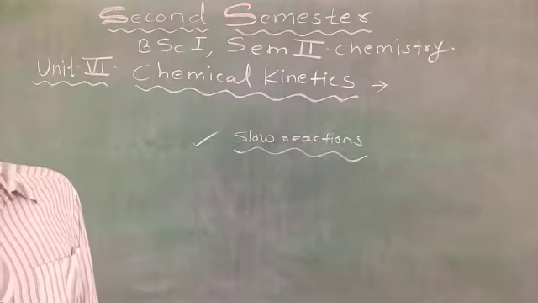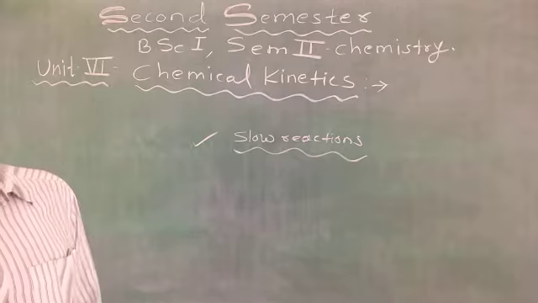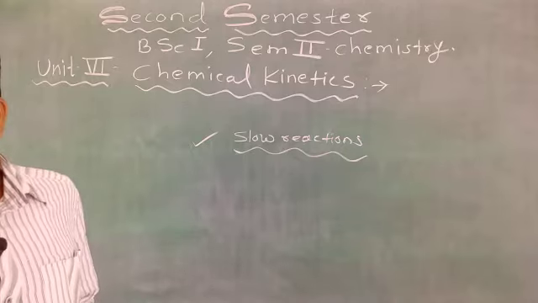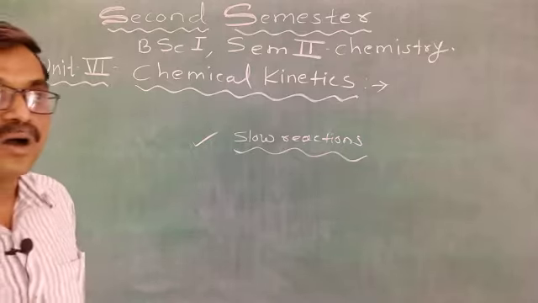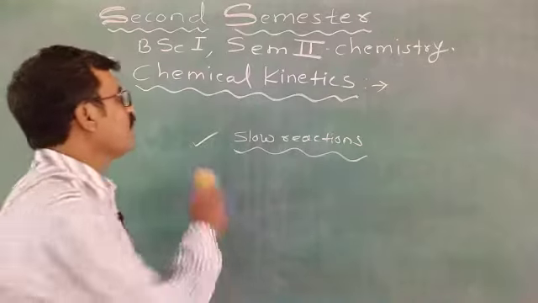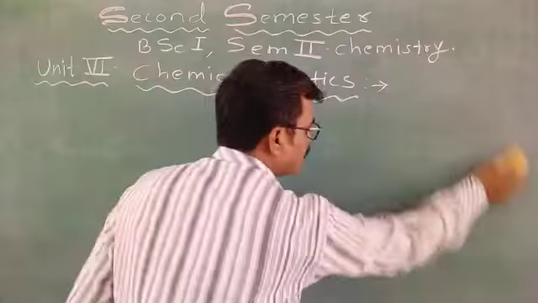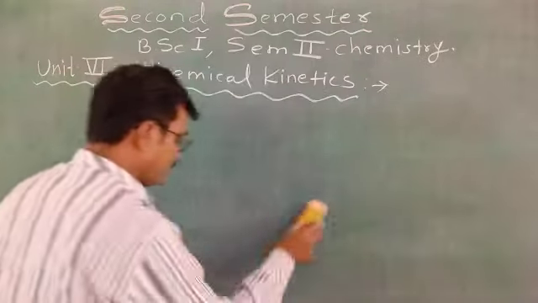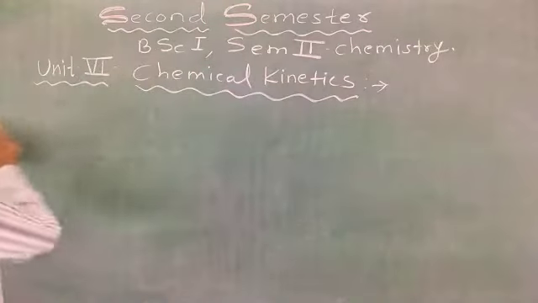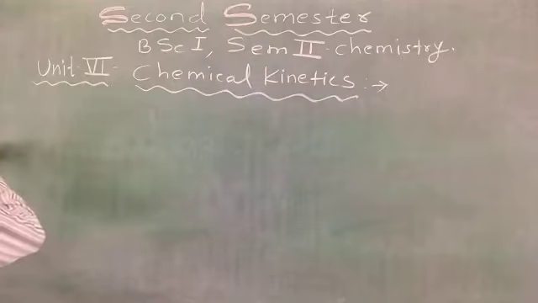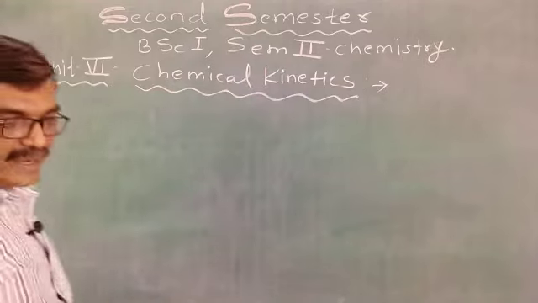Now, the slow reactions, preferably conversion of cane sugar or decomposition of hydrogen peroxide, such reactions are slow reactions, and mechanism or rate of such reactions are studied in this chemical kinetics.